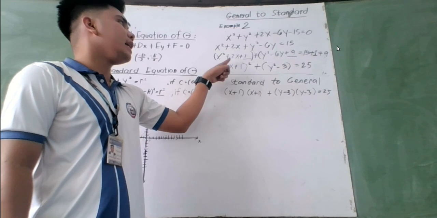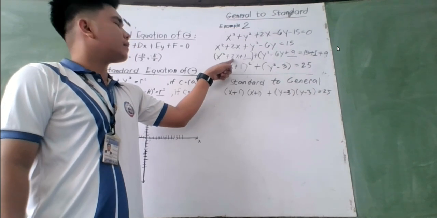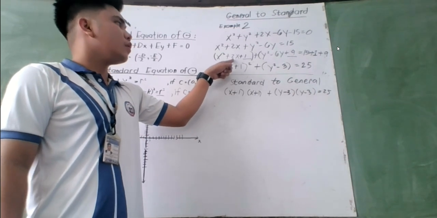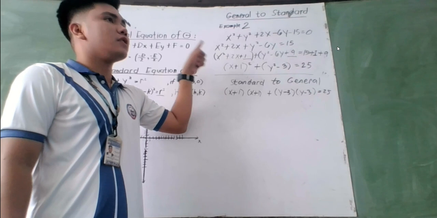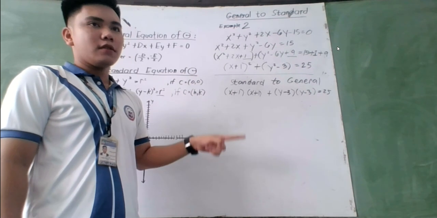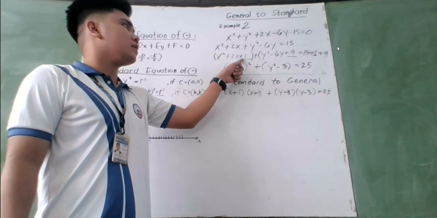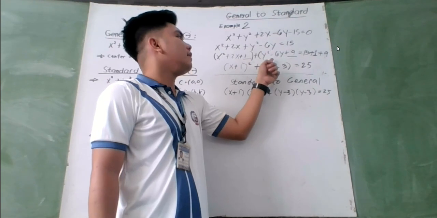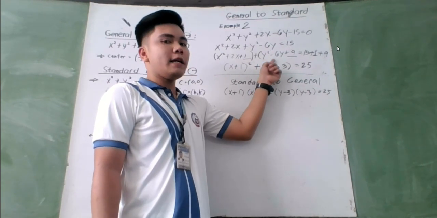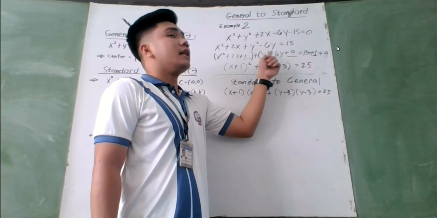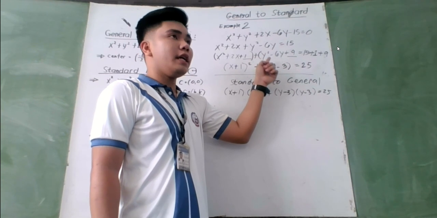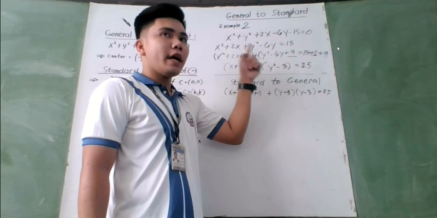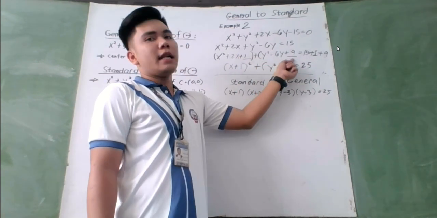So, how to find again? 2 divided by 2, that is 1 squared. 1 squared, that is still 1. So, positive 1. Another, the y values. You have 6y. So, negative 6 divided by 2, that is negative 3. Negative 3 squared, that is positive 9.